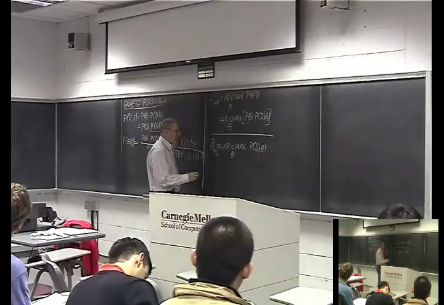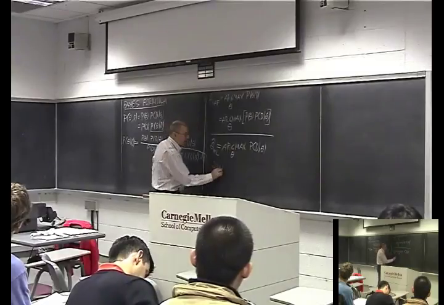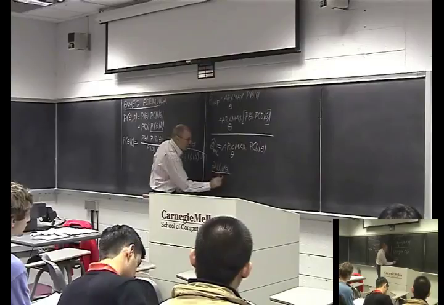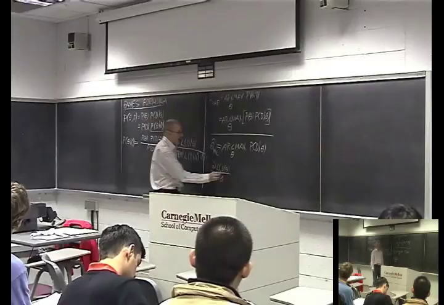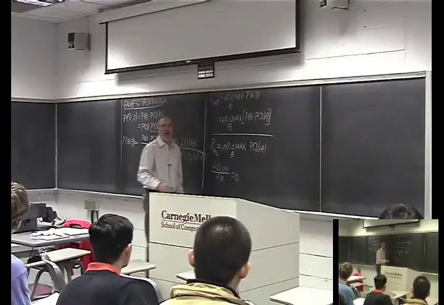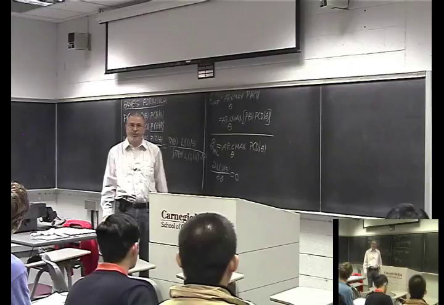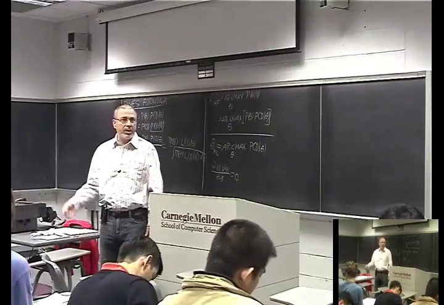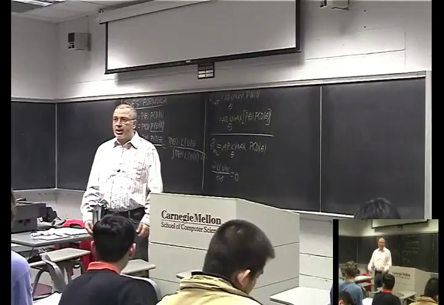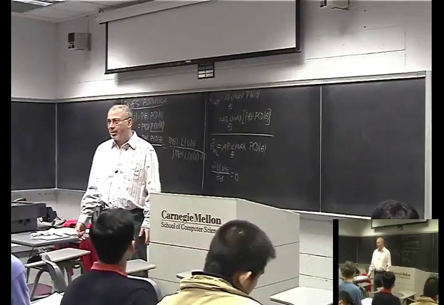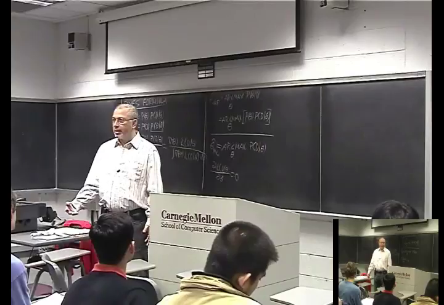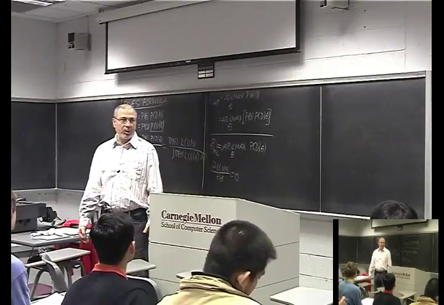You achieve that by taking the derivative of the likelihood function with regard to the parameters theta. Remember, theta could be one or more parameters, and you set the derivative to 0 and make sure you get the maximum, not the minimum. We did this for the case of flipping coins, and we discovered, not surprisingly, that the maximum likelihood solution is the relative frequency count, the number of heads divided by the total number of tosses.